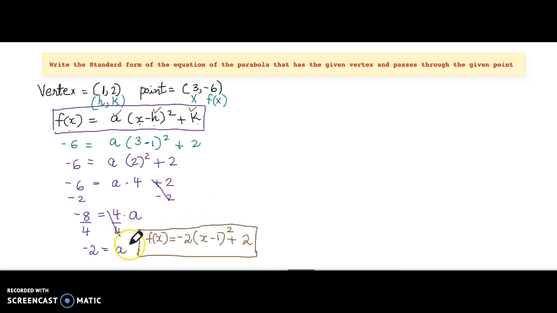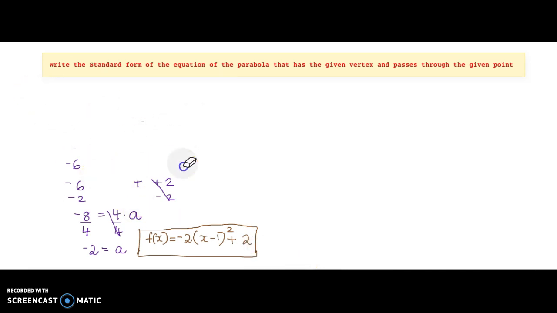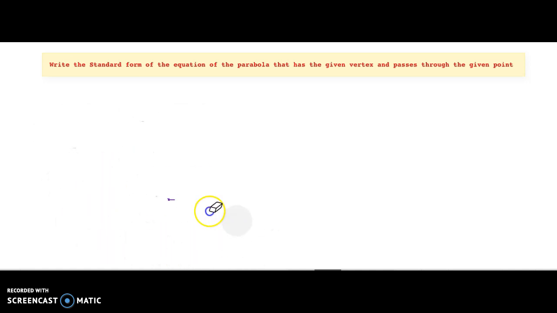So, how about we do one more example? I'm going to have to clear the screen to do that. So question number 2. I'm going to do a question with fractions for the second one.